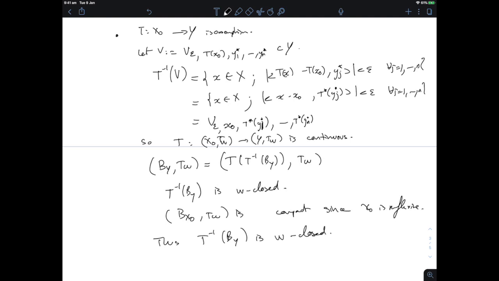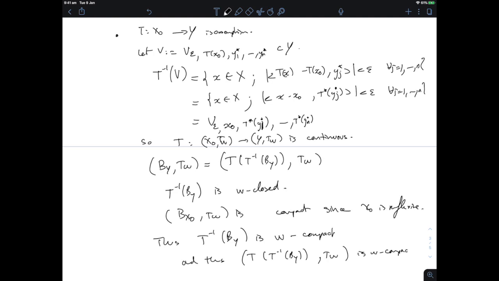And so its image by T, which is a continuous map for the weak topology, has to be weakly compact. It is weakly closed, and therefore weakly compact as a weakly closed subset of a weakly compact set.